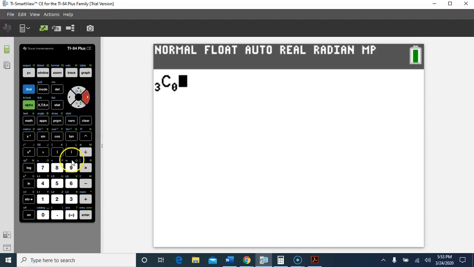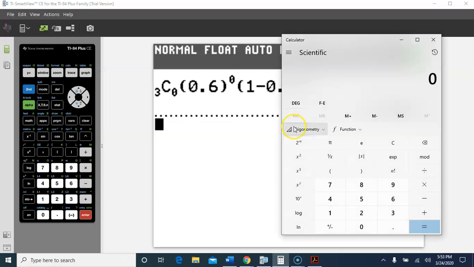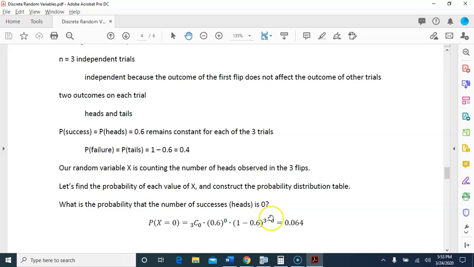And then I'm going to multiply that by the probability of success, which is 0.6, to the 0 power, using parentheses there to indicate multiplication, and then 1 minus the probability of success, which we also call the probability of failure, to the third power, 0.064. So that third power that you see there is the 3 minus 0 power that you see there.